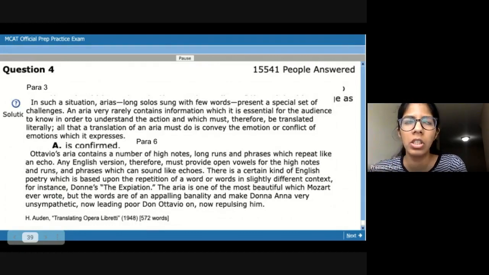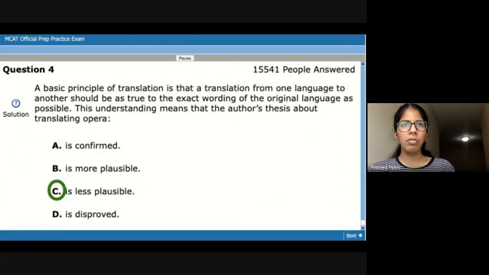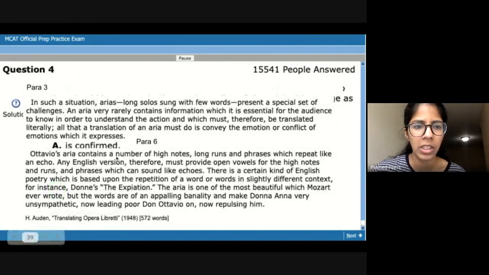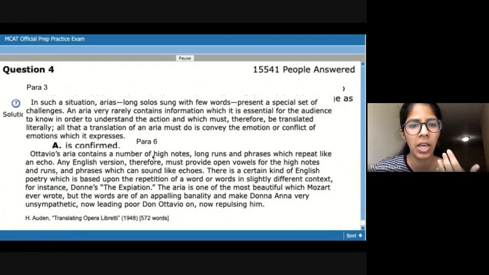It's saying the author's argument is that you don't need to translate this thing literally, you need to convey the emotions. So if you don't convey something literally, there's an opportunity for it to be translated differently from language to language. And that's where we look at paragraph 6. So I don't know who this person is, but it's an Italian version. It's saying how the translation should contain a number of high notes, long runs, and phrases.